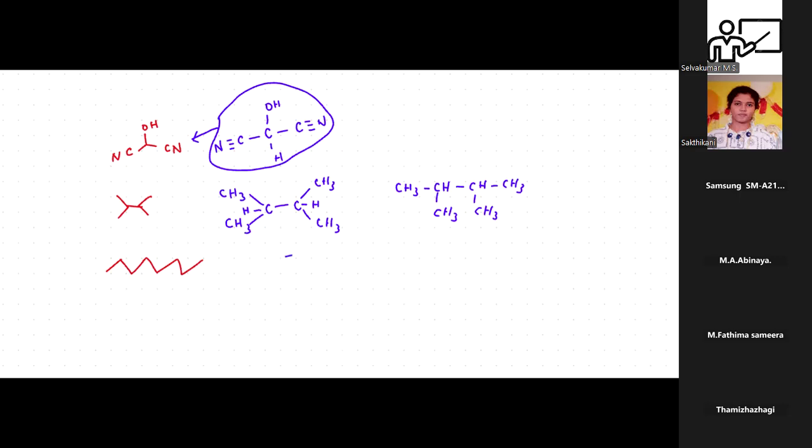So CH3, CH2, CH2, CH2, CH2, CH2, CH2, CH3. This is the structure. 8 carbons are there. The structure can be simply written as CH3, CH2 6 times, then CH3.